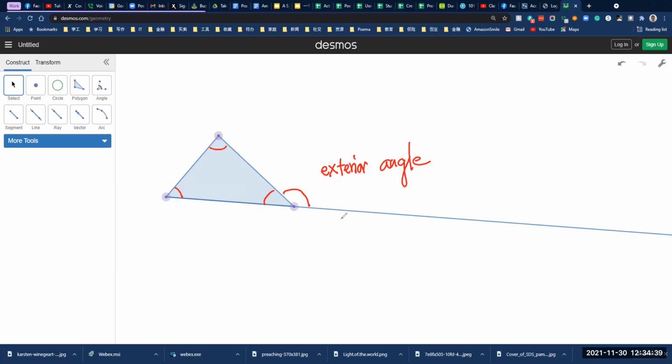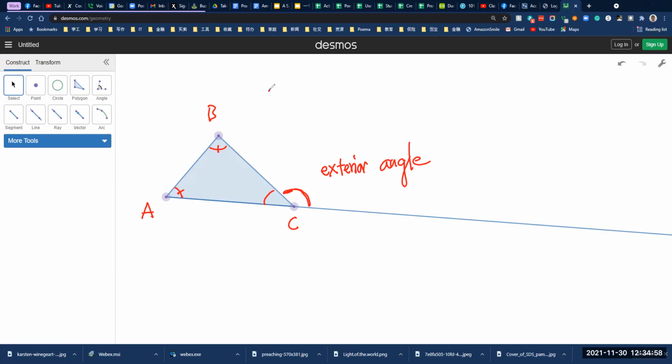So the theorem says that, let's say this is our A, B, and C. The proposition basically says that this angle is bigger than this and bigger than that. Good?